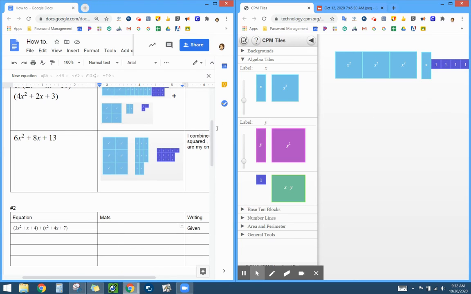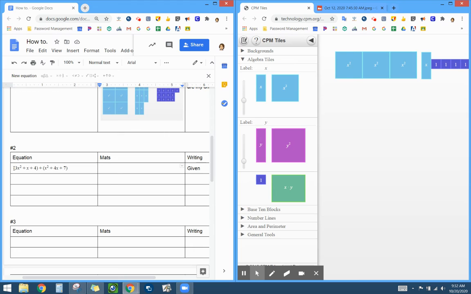Now again, I'm doing that from problem number 2. So that was 3x squared plus x plus 4. Now I'm going to have 1 x squared as my second set, 4 x's, 1, 2, 3, and 4, and 7 ones, 1, 2, 3, 4.